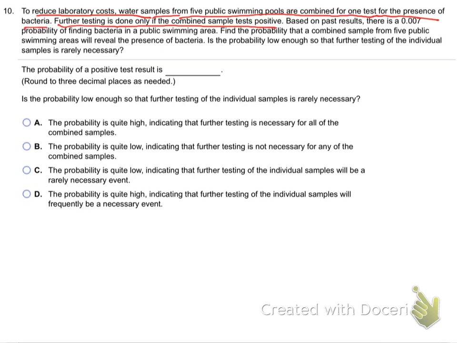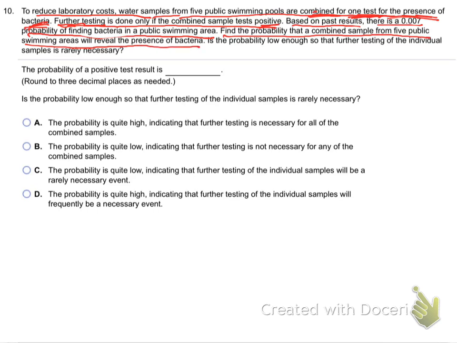They take samples from 5 swimming pools and they combine them into one test, one big dish, to test for the presence of some bacteria in the water. And they only do further testing if it comes back positive. Based on past results, there is a 0.007 probability of finding bacteria in a public swimming pool area. Find the probability that a combined sample from 5 public swimming areas will reveal the presence of bacteria.